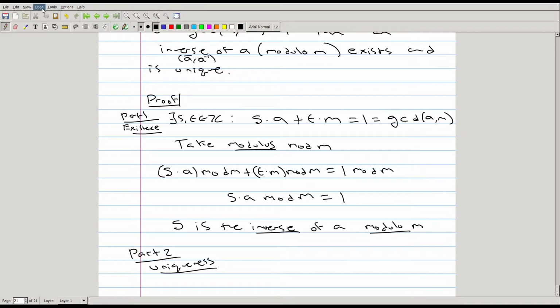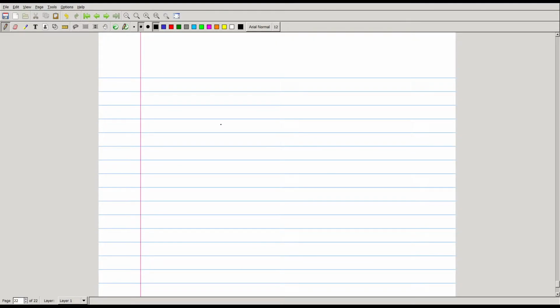So let's say we want to go through and solve a given one of these linear congruences. Suppose we want to solve for x such that 3 times x is congruent to 4 modulo 7. The first thing that you need to check is that the GCD of 3 and 7 is equal to 1. And sure enough, it is equal to 1.